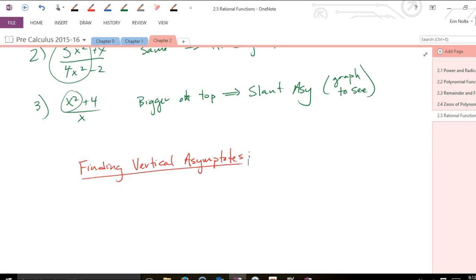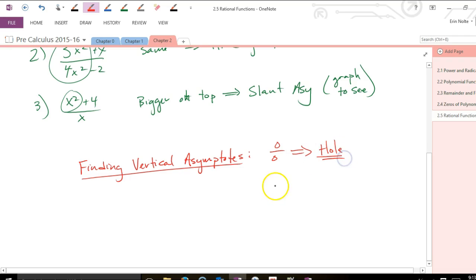If you get a 0 over 0 scenario, that implies you have a hole in the graph. If you get a number over 0, that implies you have a vertical asymptote. You'll always get a vertical asymptote at x equals whatever makes that denominator value 0. Because it's a vertical line, you want to say where it specifically exists.